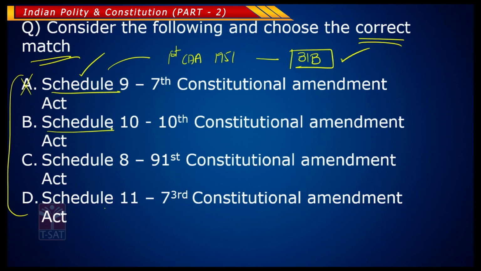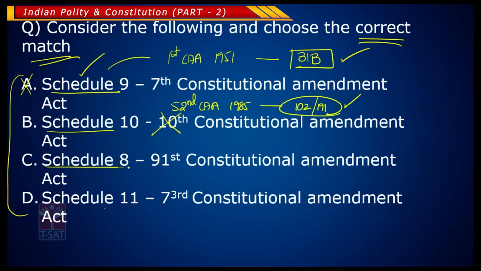Now Schedule 10. Schedule 10 was added by the 52nd Constitutional Amendment Act 1985, and Schedule 10 is linked to Article 102 and 191. Schedule 10 talks about anti-defection law.